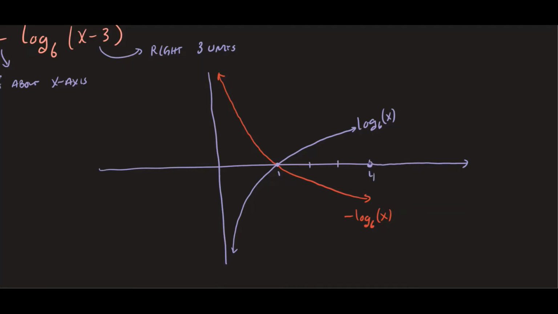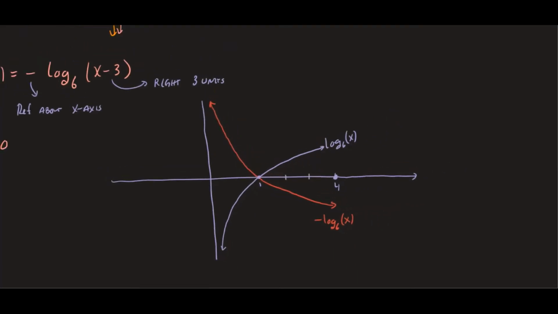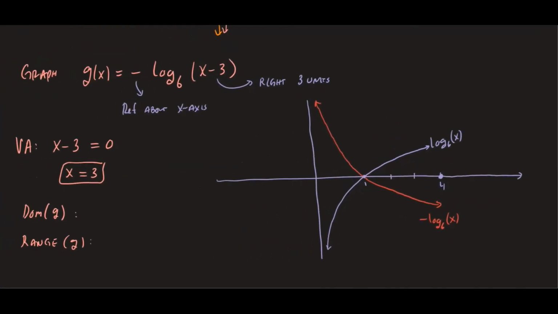And we also want to label our vertical asymptote, which we solved to be x equals 3. Or you can think of it as when you move x equals 0 three units to the right, it's going to end up at x equals 3. So there are 2 ways you could always find the vertical asymptote. Okay, and now we make the same shape, and that'll be our final sketch.